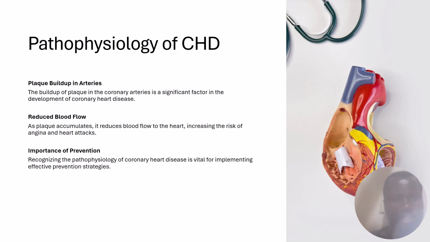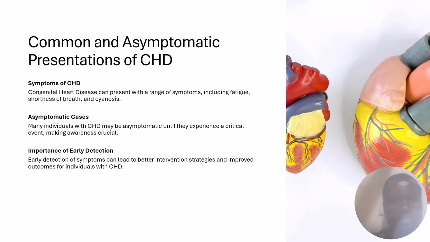What would be the common symptomatic and asymptomatic presentations of coronary heart disease? In patients who have congenital disease, who are born with a problem in the coronary blood vessels, the symptoms will range from signs of fatigue.